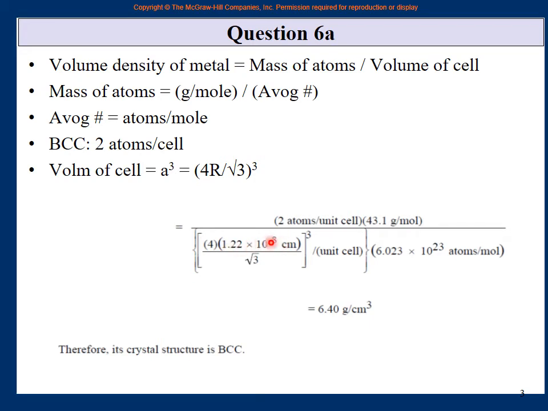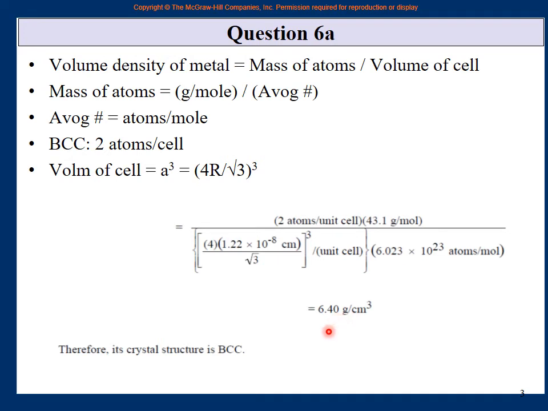It was given as nanometer, but if you convert it to centimeter, then now everything is gram and centimeter, right? So this is the only thing. 2 atoms, mass of 1 atom, Avogadro's number, 4R by root 3. R already changed from nanometer into centimeter. So now just solve it. It comes out to be 6.4 gram per cubic centimeter.